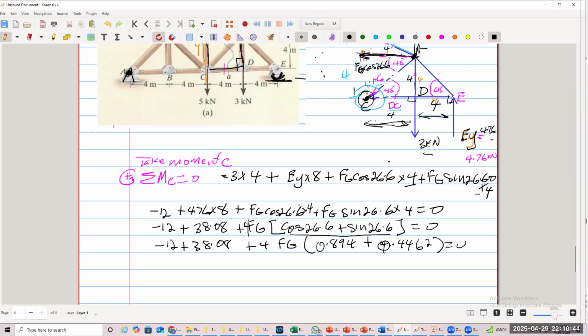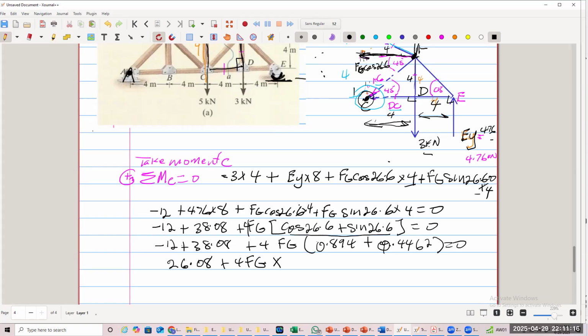It's not 1. So what does it work out to be now? We're going to work out the first part, which gives me 26.08 plus 4FG. And when you add those two together in the bracket, you're going to get 0.894 plus 0.446.